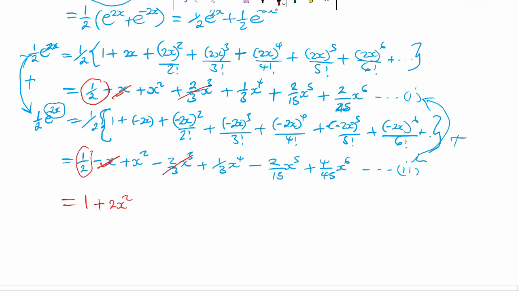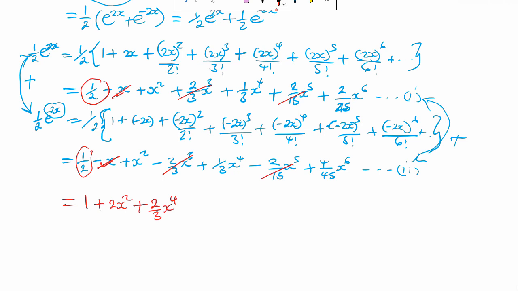And this one is a third added to a third, you get 2/3, and this one is x raised to 4. 2 over 15 added to negative 2 over 15, this one cancels out because you shall get a 0.